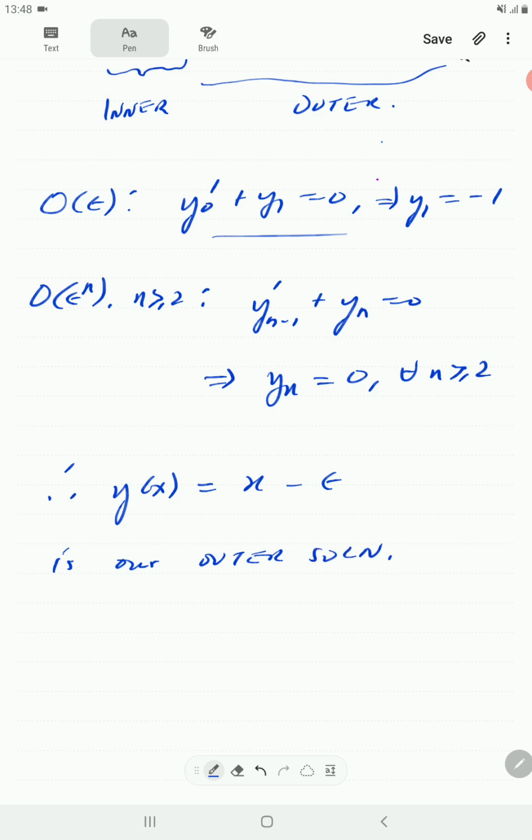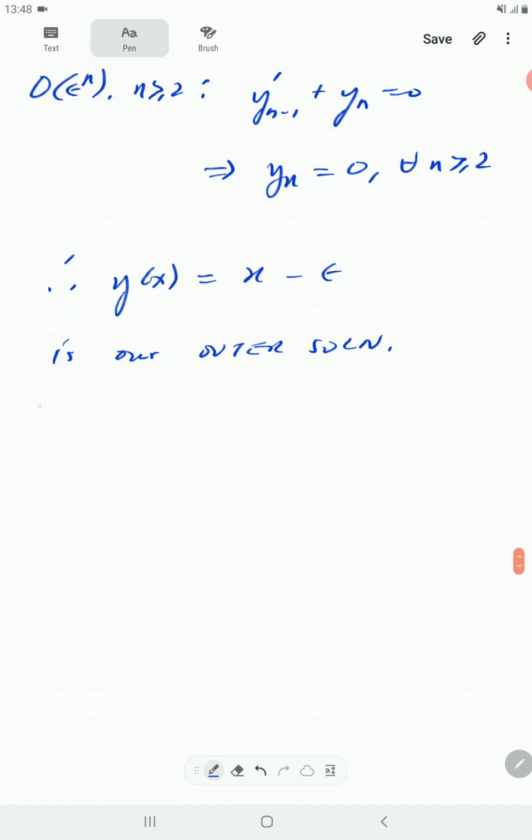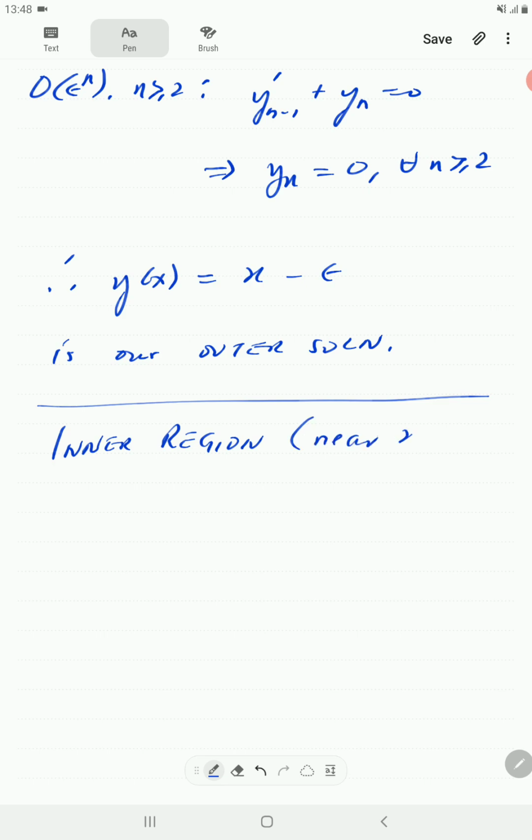All right, so now we turn to the inner solution. In the inner region, being the region in the neighborhood of x equals 0, we are going to introduce a rescaled variable defined as follows: x equal to epsilon to the power alpha xi.